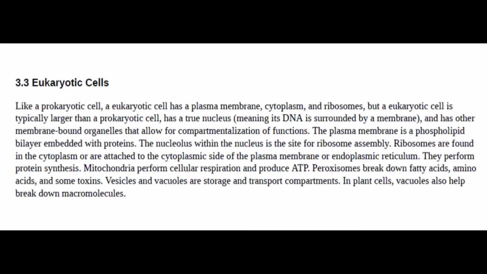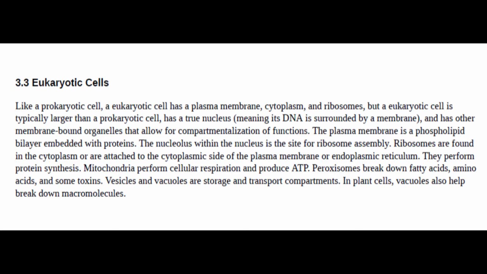Section 3.3, Eukaryotic Cells. Like a prokaryotic cell, a eukaryotic cell has a plasma membrane, cytoplasm, and ribosomes, but a eukaryotic cell is typically larger than a prokaryotic cell, has a true nucleus, meaning its DNA is surrounded by a membrane, and has other membrane-bound organelles that allow for compartmentalization of functions.